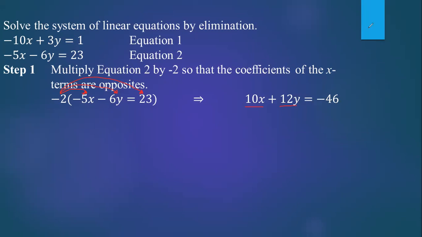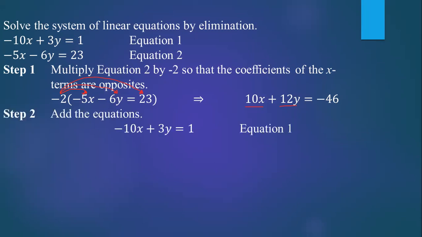So we now have this equation. We can combine it with equation 1, negative 10x plus 3y equals 1. Take note, that is our equation 1. Combine it with our new equation, this one.